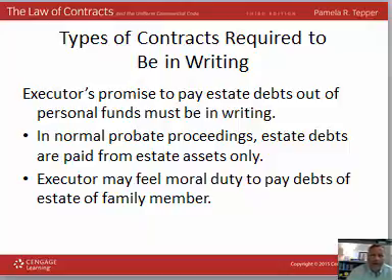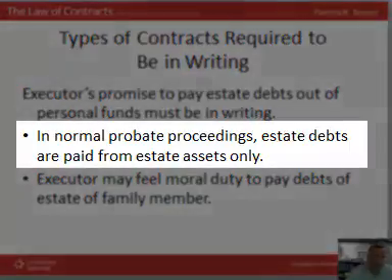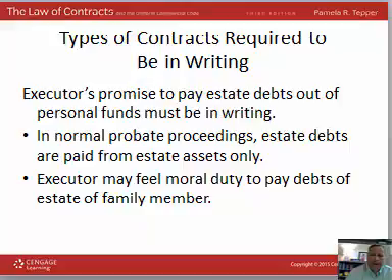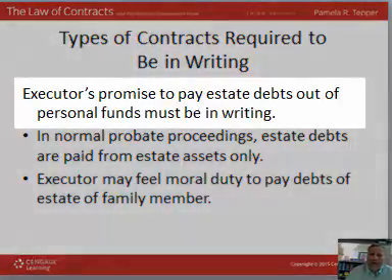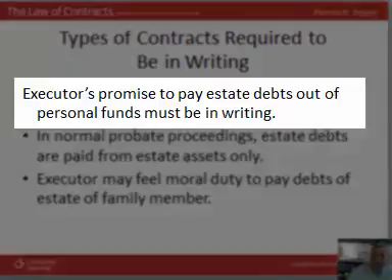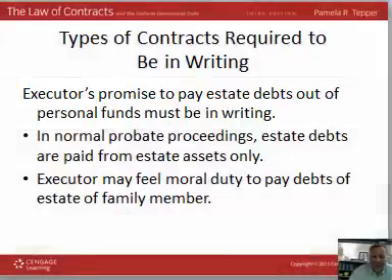Now, the estate itself, the property and the cash and so on that's left over from the decedent, is normally required to pay the debts of the estate. Nobody else is required to pay those debts. So if that personal representative, the executor, is somehow required to pay the debts of the estate, we're going to require that to be in writing.